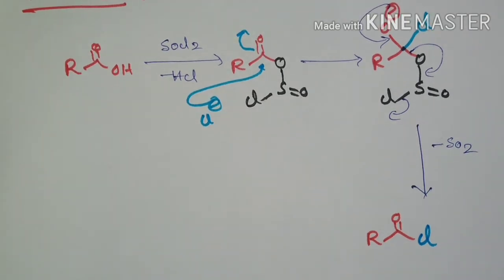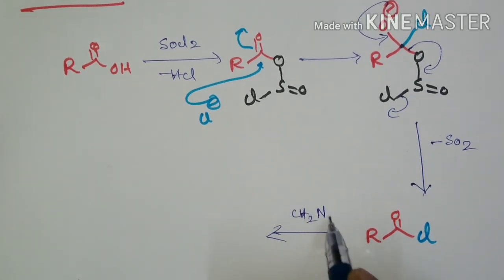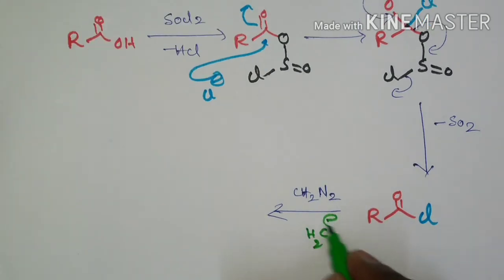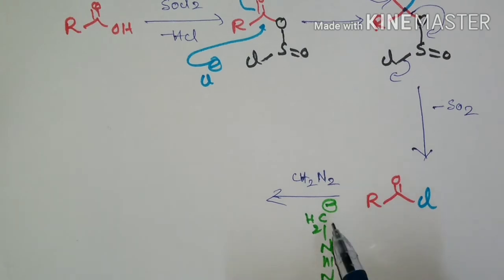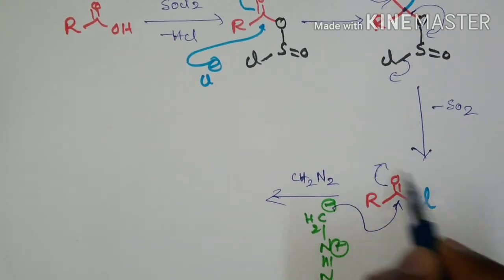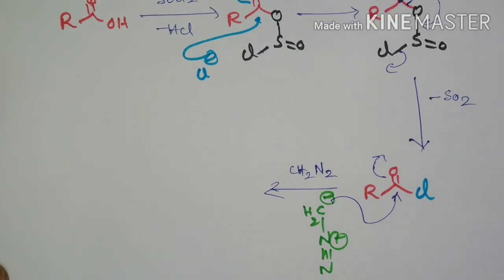Now this acid chloride is going to react with diazomethane. So this diazomethane reacts with acid chloride and forms a tetrahedral intermediate.